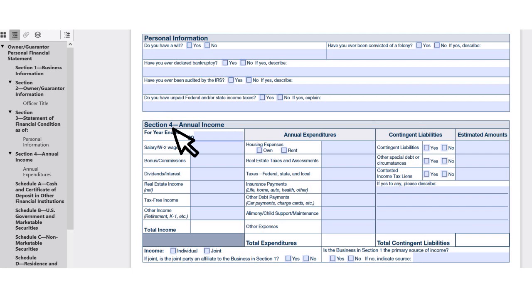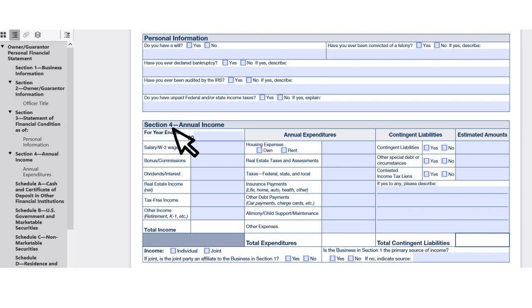And then you have contingent liabilities. A contingent liability means that it is money that you might owe if an event were to occur. For example, let's say you are currently sued and the case is still in court, and the case might go against you. So you need to list how much you might have to pay if the court were to find against you.